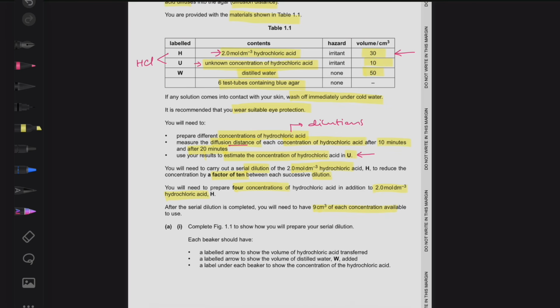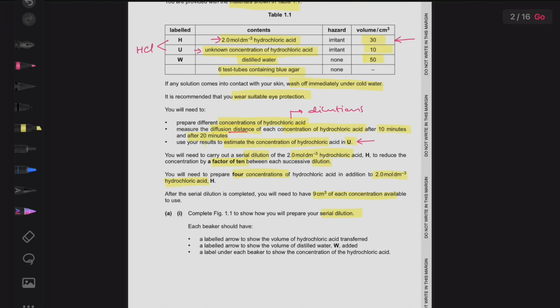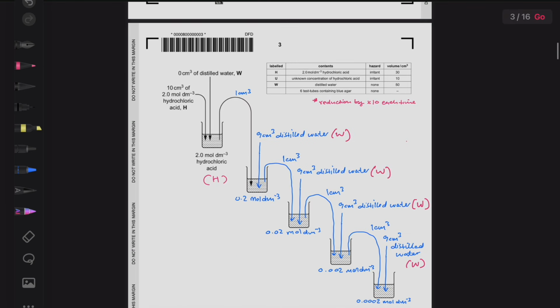So we have a figure that we need to complete to show our serial dilution. 3 things we need to have labeled is 1, the volume of hydrochloric acid being transferred, 2, the volume of distilled water being added, and 3, the concentrations of the hydrochloric acids being produced, okay?